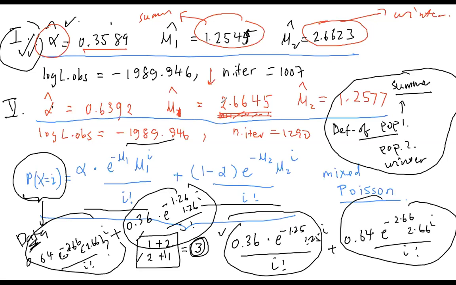Context is quite important in deciding among two sets of estimates that have the same likelihood values. If one log likelihood is larger and the other is smaller, then of course you will pick the one that's larger.